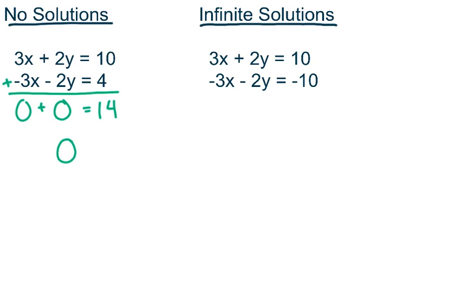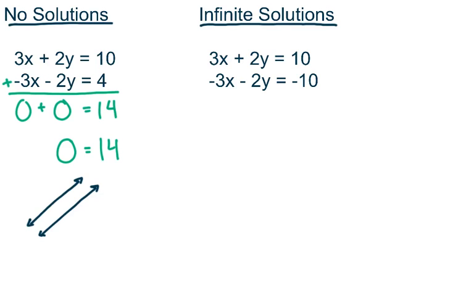So in our no solutions case, we end up with 0 is equal to 14, which is obviously untrue. In this case, we're looking at parallel lines, if you remember this. The idea is that they never intersect, so you can just say no solutions.